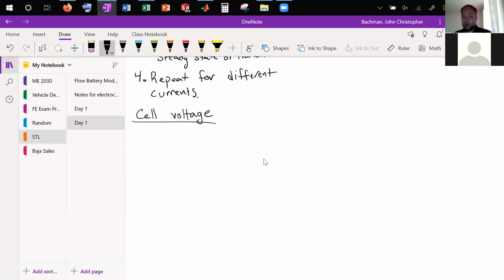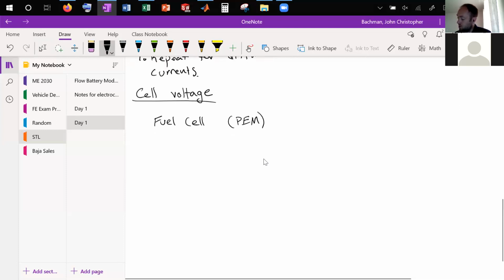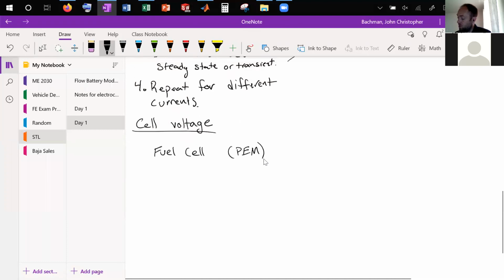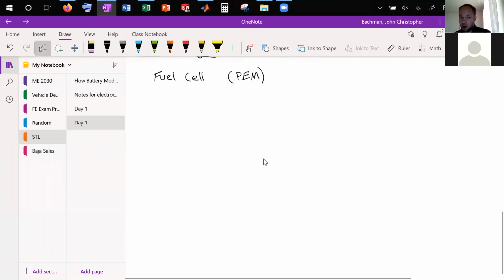Okay, so let's look at a specific system. I want to look at a fuel cell, and more specifically a PEM fuel cell. So that stands for proton exchange membrane. So they're kind of a low temp membrane that exchanges protons. Some people call them polymer electrolyte membrane fuel cells.